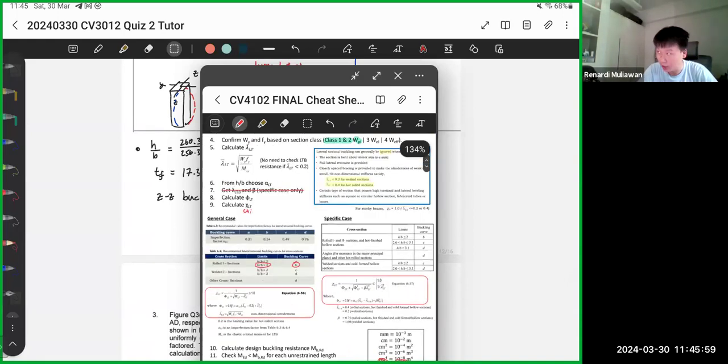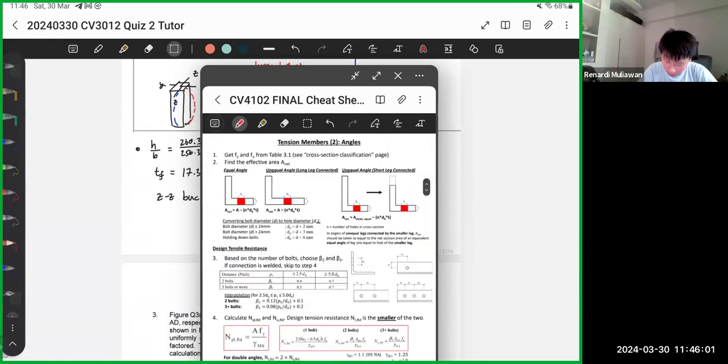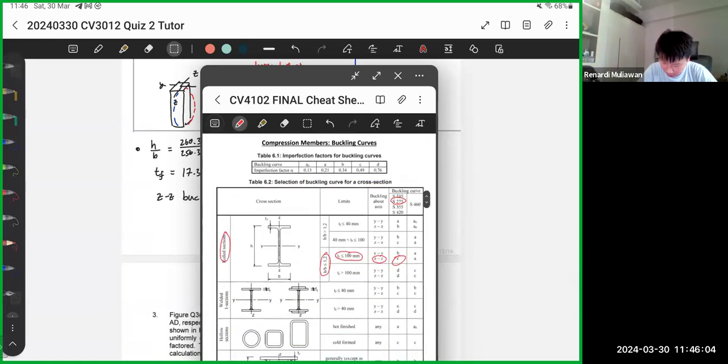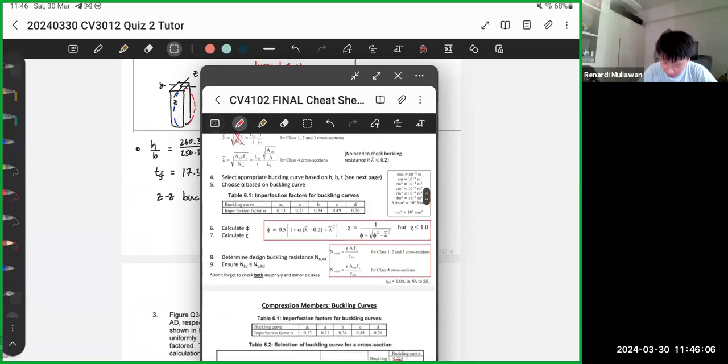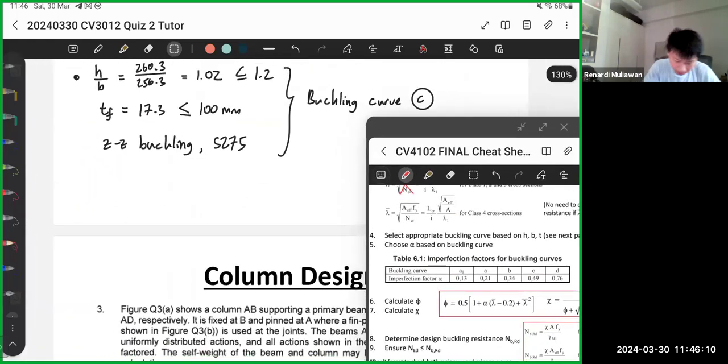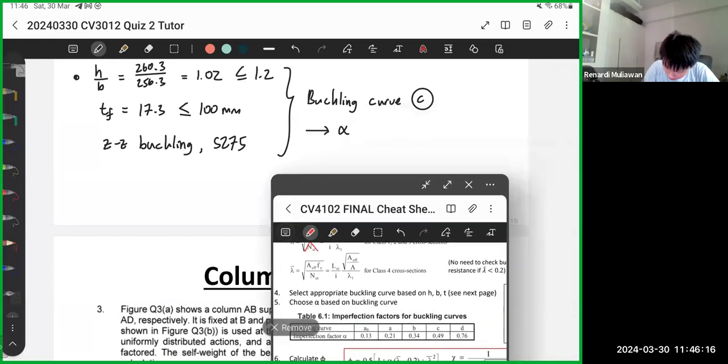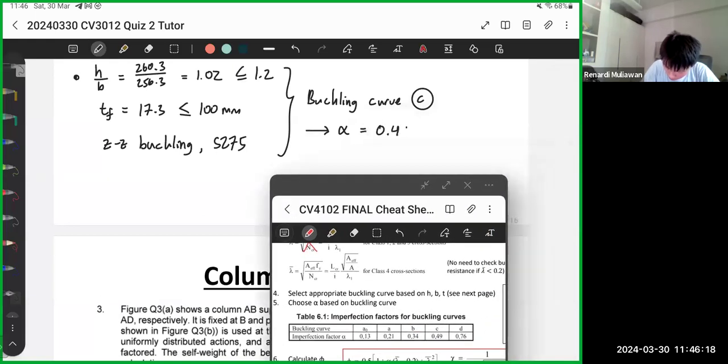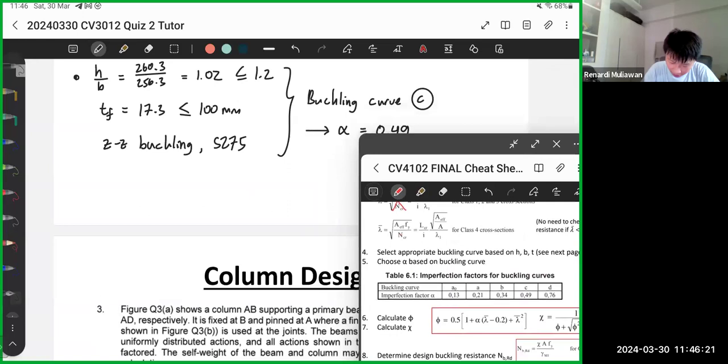The LTB buckling curve is different from the axial buckling table. So this is the table for axial buckling. For buckling curve C, you will get alpha equals 0.49. Okay, so now we have that.